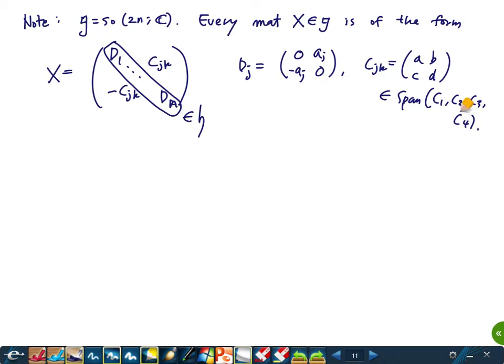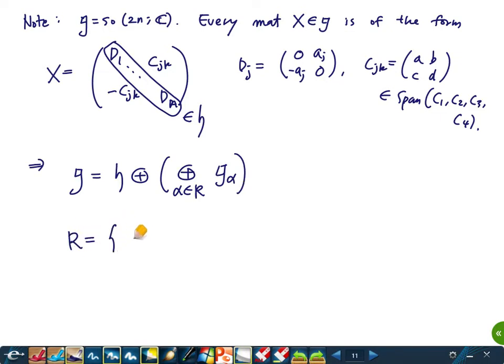That means G is the direct sum of H plus the sum over all alpha in R of G_alpha, where R is the set of this: one, two, three, four.